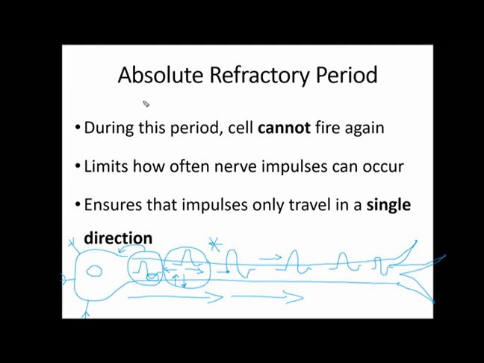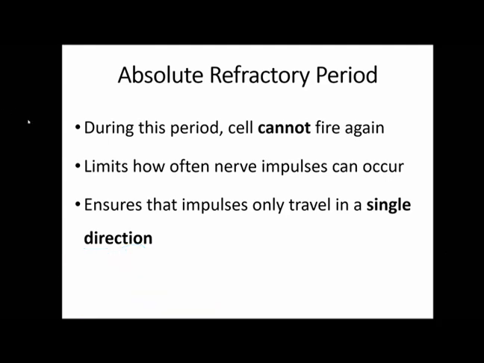So this absolute refractory period is what lets these action potentials only travel in a wave towards the axon terminals, but never backwards towards the dendrites. That's why we always talk about the directionality of this signal as going from the dendrites to the axon terminals. And it will not change. That's sort of a rule that we can't break.